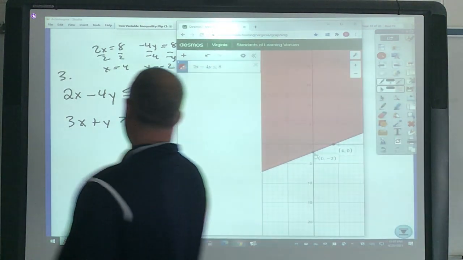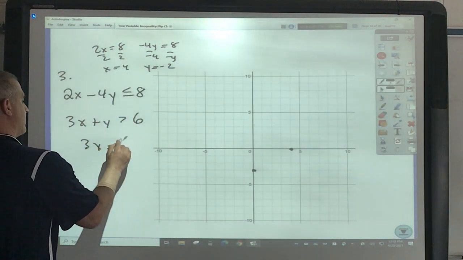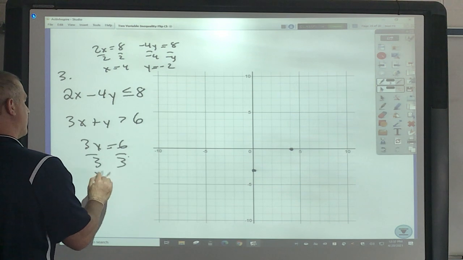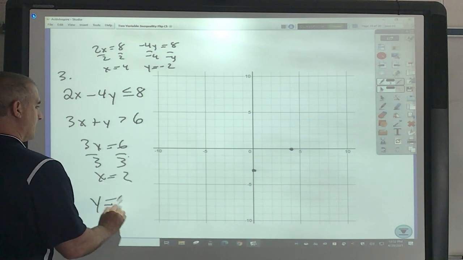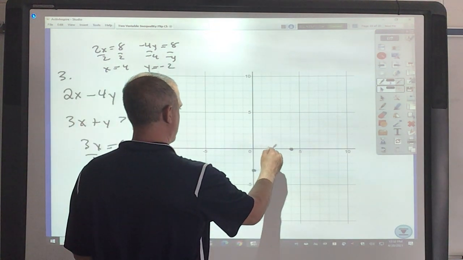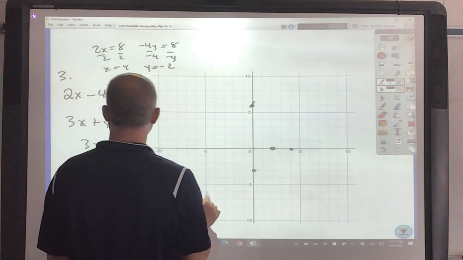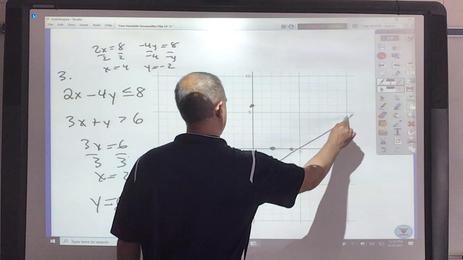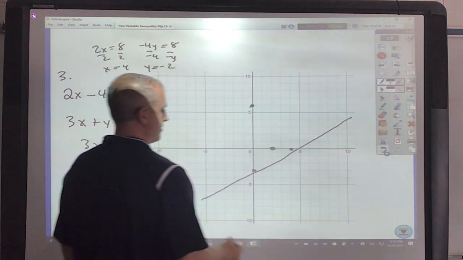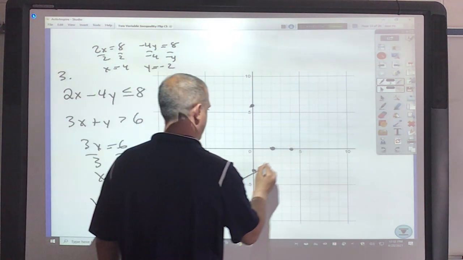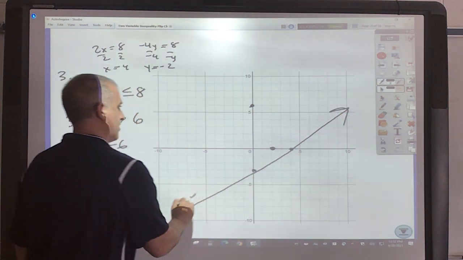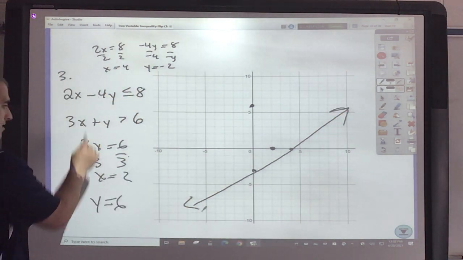Okay? Now I want to do this one. 3x equaling 6, x is 2, and y is 6. Okay? So x is 2, y is 6. Oh, by the way, this one was a solid line. Terrible drawn line. Okay? Let's go ahead and confirm this one.